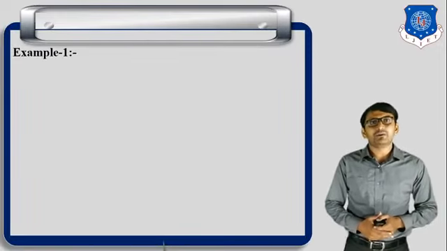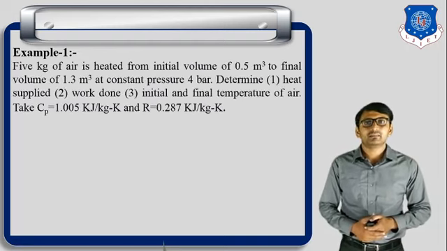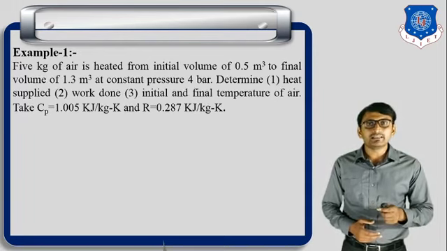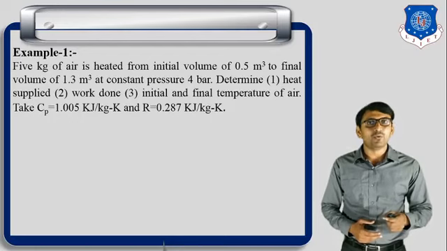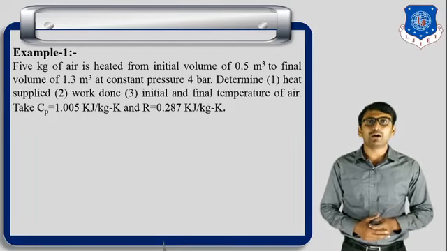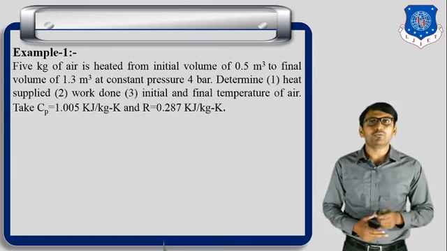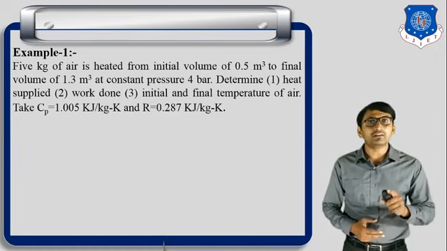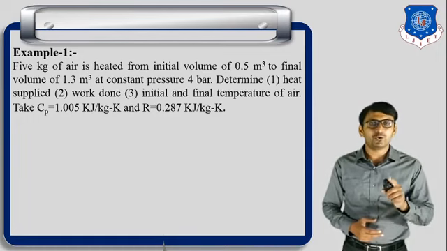So example number 1. We start with example number 1: 5 kg of air is heated from an initial volume of 0.5 meter cube to a final volume of 1.3 meter cube at constant pressure 4 bar.